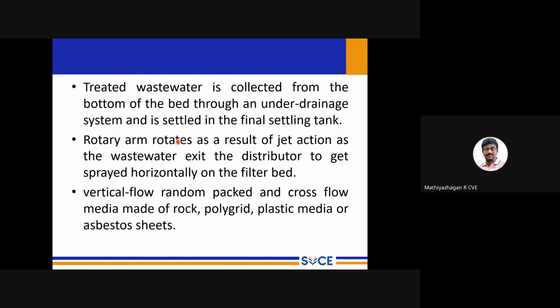Here also we are using the secondary clarifier to settle solids after the trickling filter. Based on the raw sewage quality, we can recirculate. Based on the recirculation, low rate and high rate trickling filters are available.